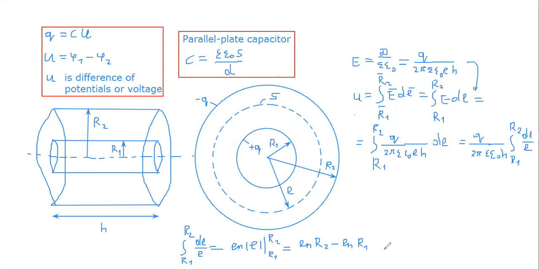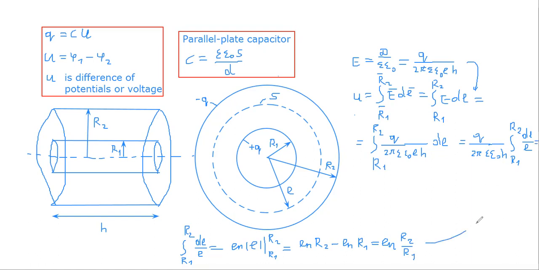Here I have taken into account that R1 and R2 are radii and they are positive, and because of this, there are no modulus signs. And it is equal to logarithm of R2 divided by R1.